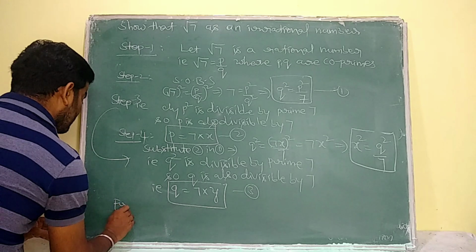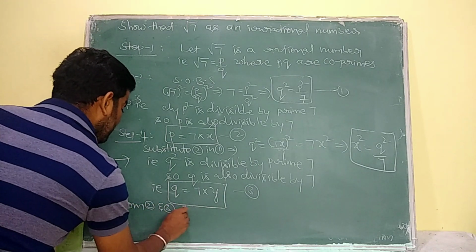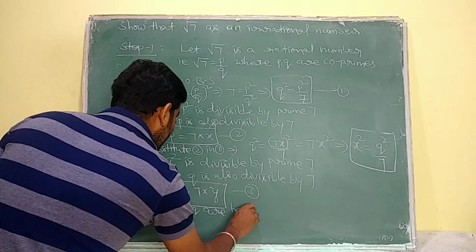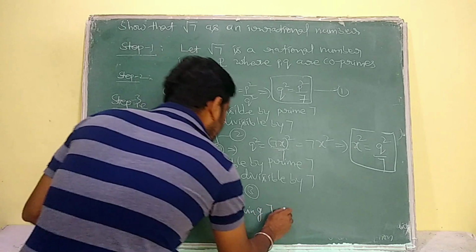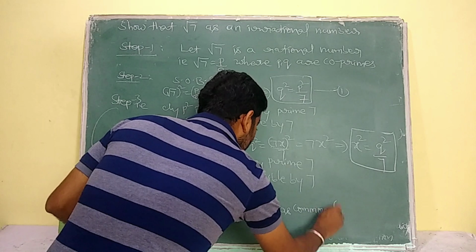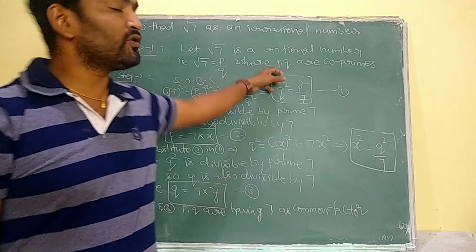See, from 2 and 3, p comma q are having 7 as common factor. But p comma q are co-primes.